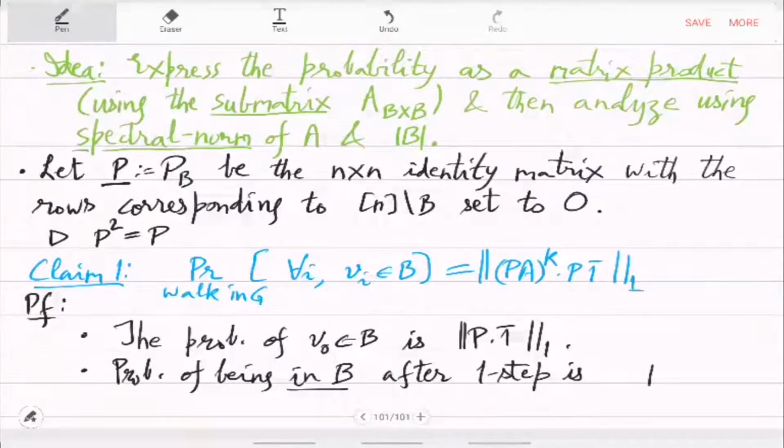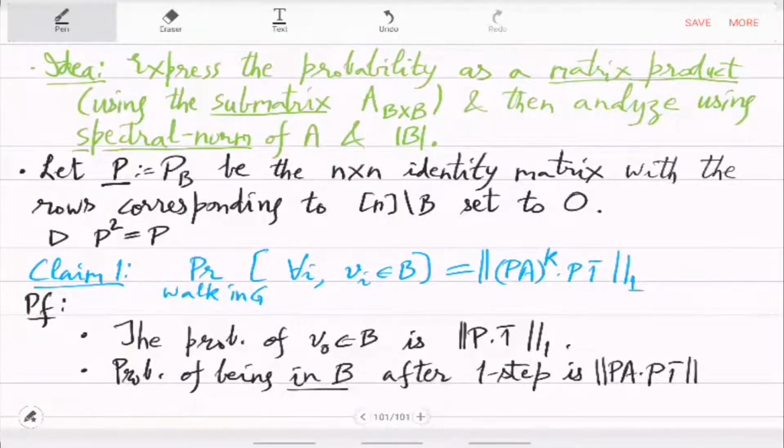P1 bar is the probability vector at the 0th step, and after one step, you only want to go from vertices in B. So the probability of being in B after one step is the probability vector P1 bar for the 0th step multiplied by the submatrix PA.